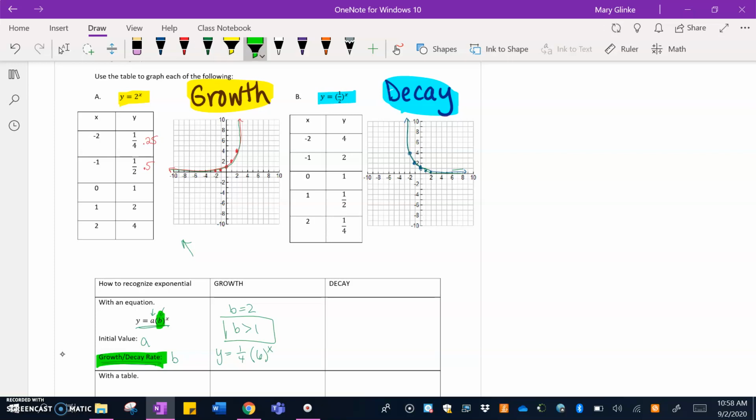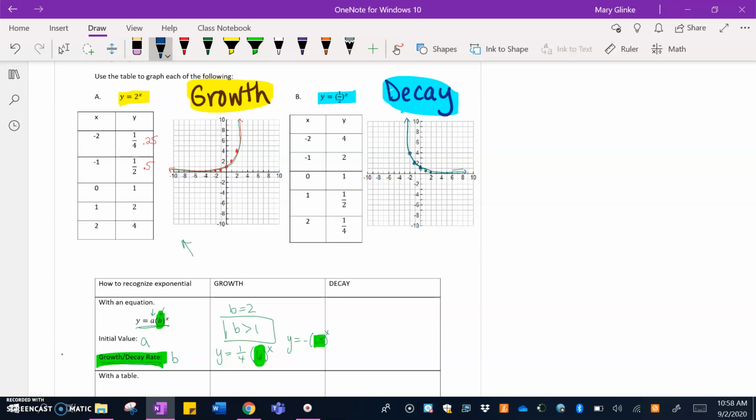And because this base here is bigger than 1, it is growth. Now that also includes decimals that are greater than 1. So you can have y equals negative 1.25 to the x. And because your base here is 1.25, that's greater than 1, that's exponential growth.